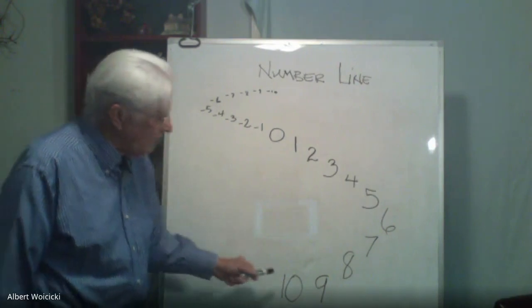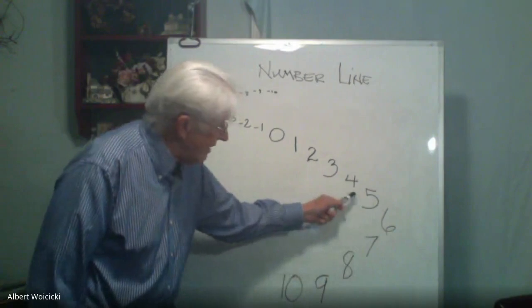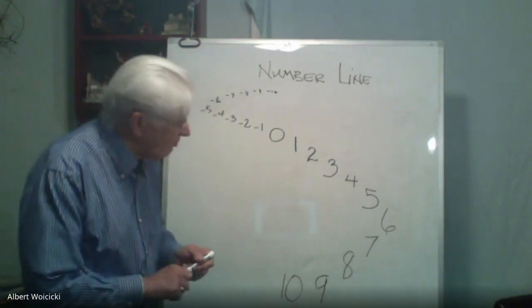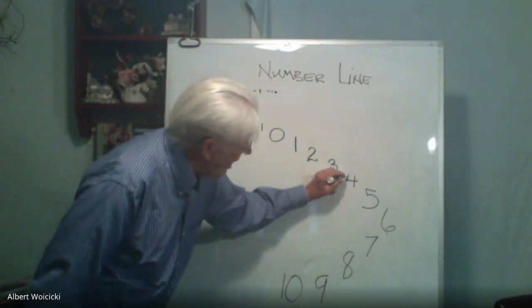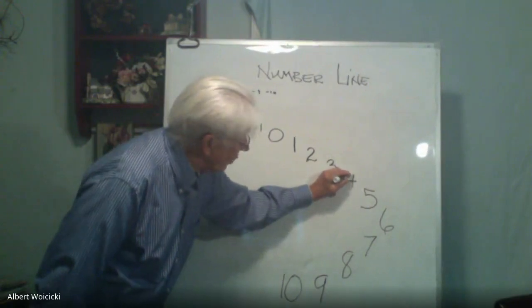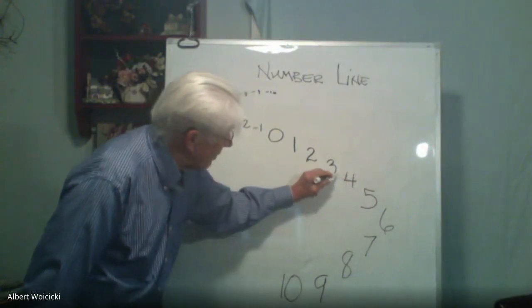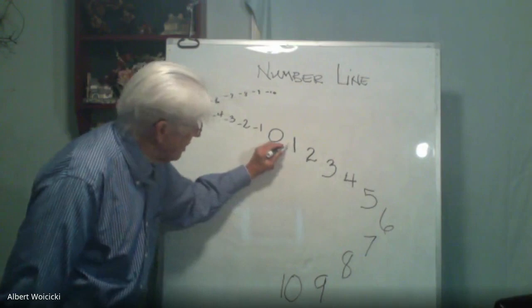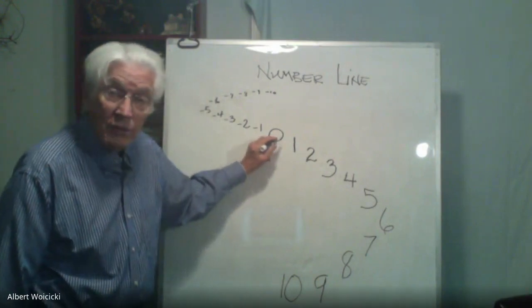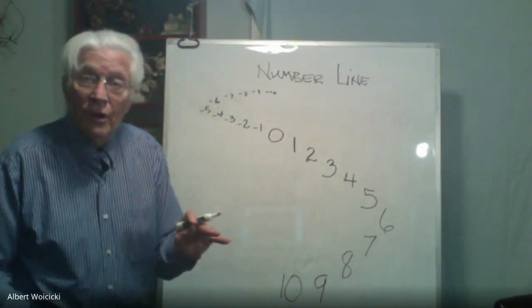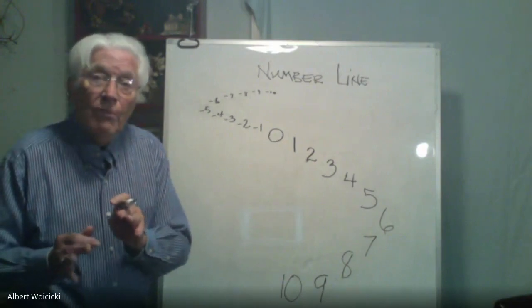And then I serpentined it back, making the numbers a little bit smaller as I went back. Slowly as I went back, I got a little smaller to 0. The positive numbers.